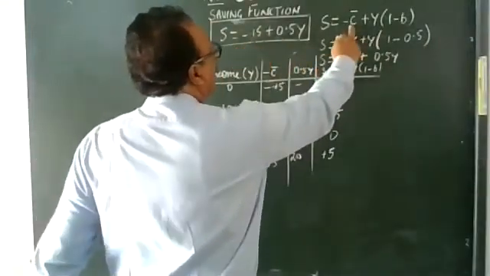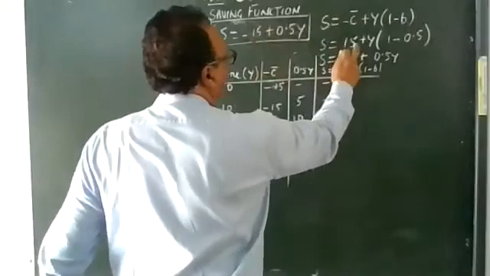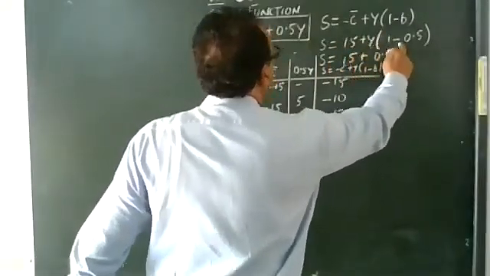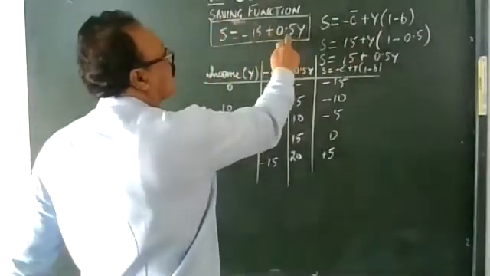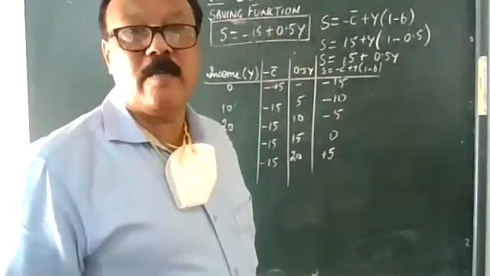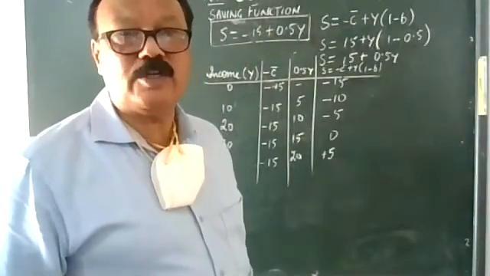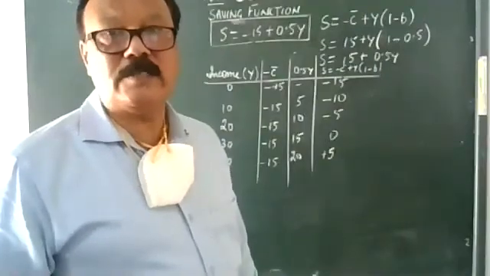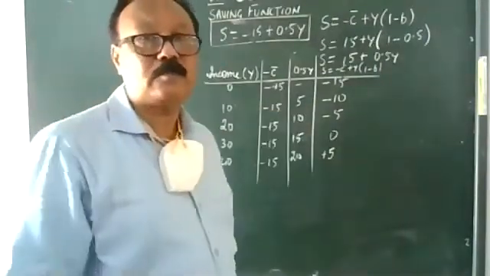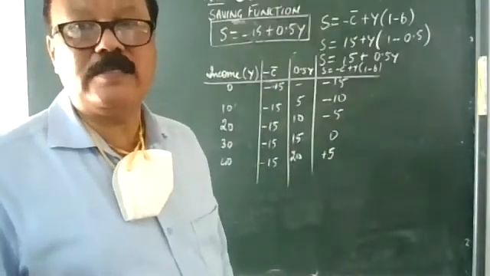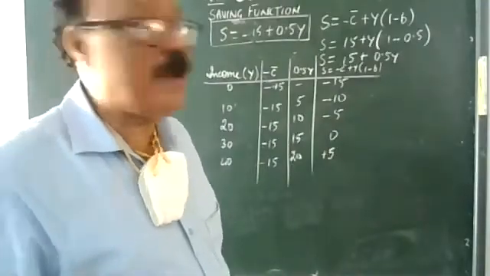S is equal to autonomous is minus 15 plus Y, and 1 minus b over here is 0.5. b was MPC. Remember when we did the consumption function, b stands for the MPC, which is marginal propensity to consume. You can go back to your notes and see. b stands for MPC. Here it is 0.5.